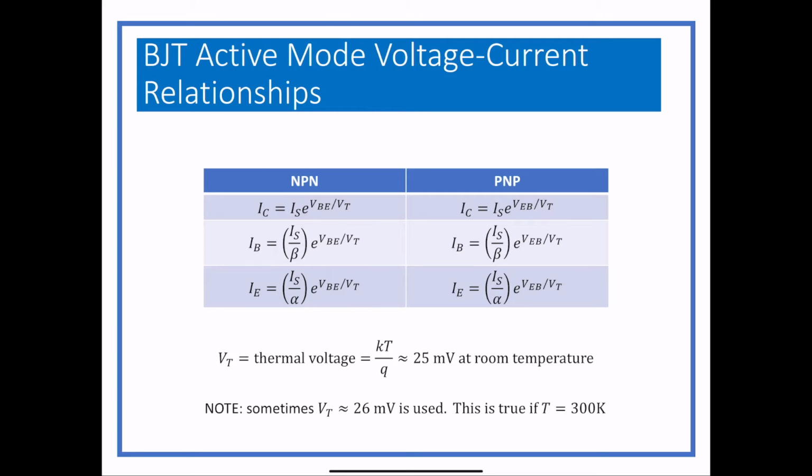You have the exponential function. So the collector current can be found, if you know the saturation current, then you just take e to the VBE over VT. That's pretty much exactly how you got the current in a diode, because a PN junction is like a forward bias diode. The base emitter voltage controls that, so you can find it that way.